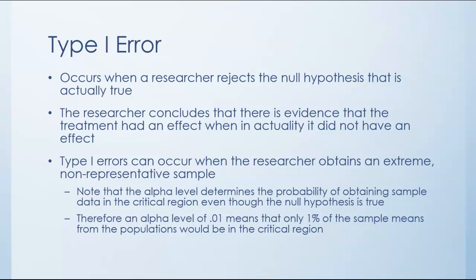It's really about being able to obtain a sample that is representative of your population. That's kind of where our type 1 error tends to see the most type of problems.